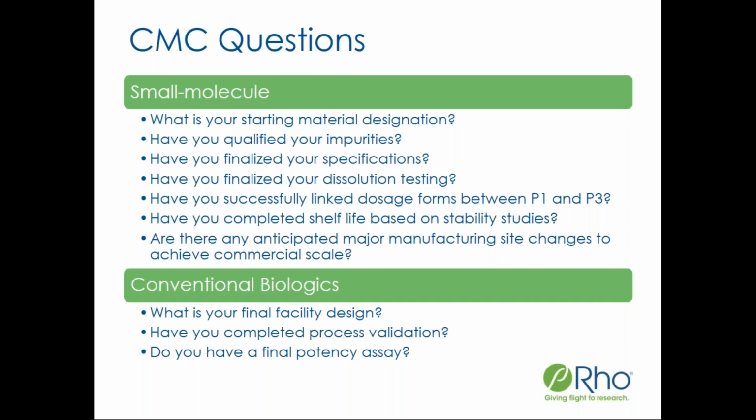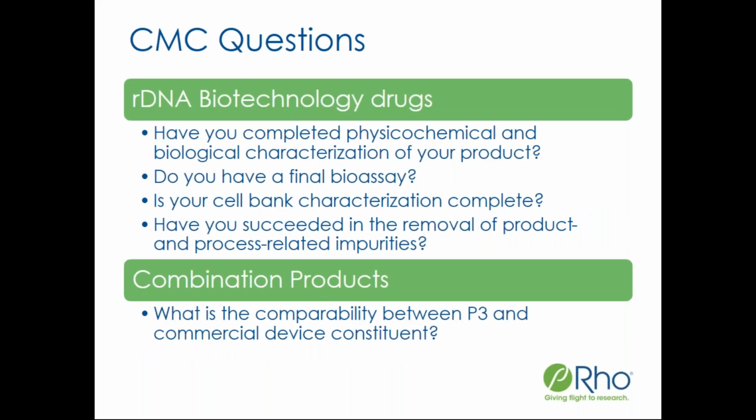But overall, across your development program from a CMC standpoint, you want to be in a position to present to FDA that the investigational product that you are taking into phase 3 is representative of your to-be-commercialized product. And so you need to make sure that you have the final formulation squared away.